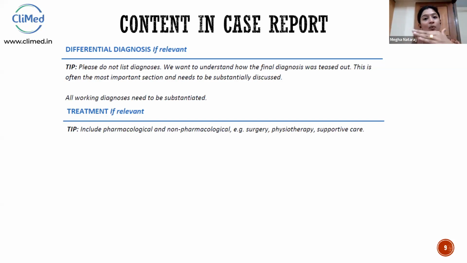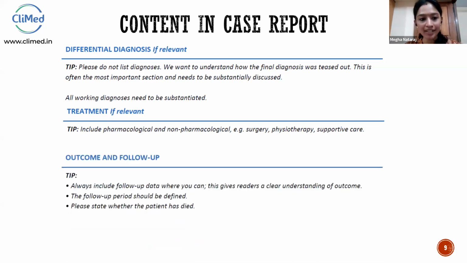Then how long did you wait till you gave the second dose, or the second day of the therapy, how many days did the patient take this therapy, and when did you decide to stop the therapy. So there is always a start point and an end point, and all of this needs to be addressed in absolute detail while you mention the treatment modality for your case report.